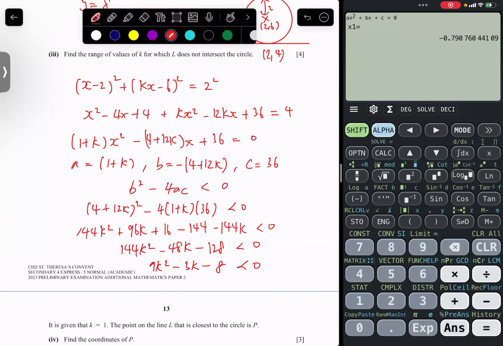This is k squared times x squared, so it's 1 plus k squared. So this is 1 plus k squared, so this is k squared, and this is k.